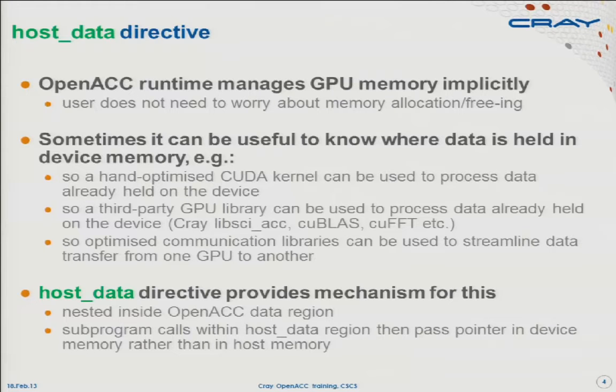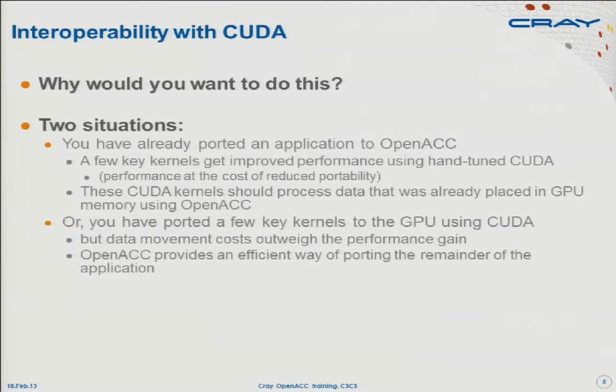But when you pass as an argument the array that you want processed, that code is obviously a CPU-executed line, and normally the arrays that you pass would be pointers in CPU memory. You want to say, for this particular region of the code, I want this to be a pointer in GPU memory. And so this is what the host_data region gives you.